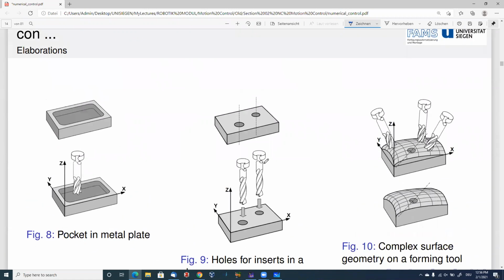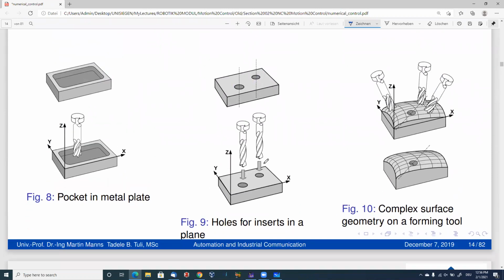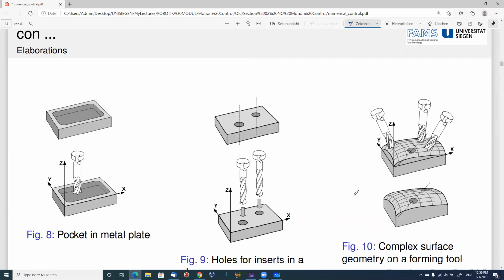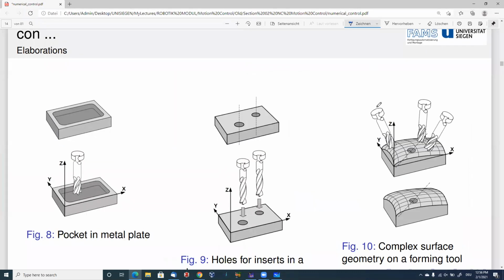Now the other point is on this slide, on page 14. We have a different job. This is not a turning operation, this is a drilling operation. For this drilling operation, again, we follow the same concepts, but during drilling, it is the tool which rotates, as given here.